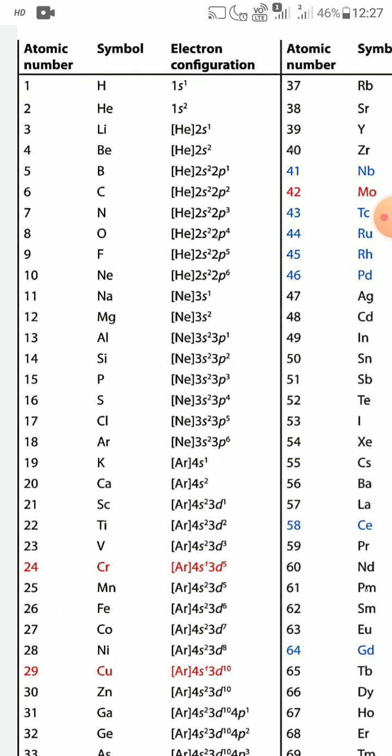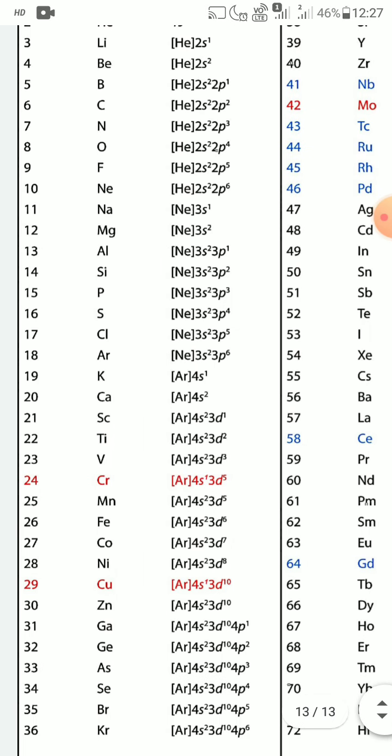Okay, and in this table, in some cases there are exceptional electronic configurations, and these are highlighted. For example, the electronic configuration of chromium.